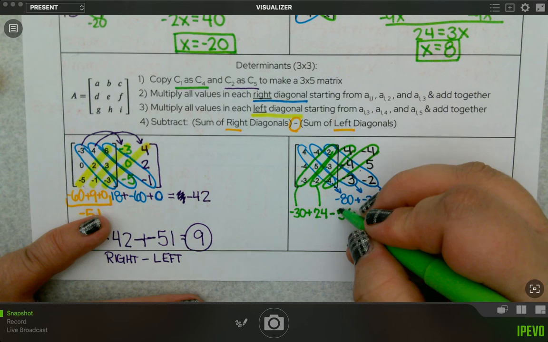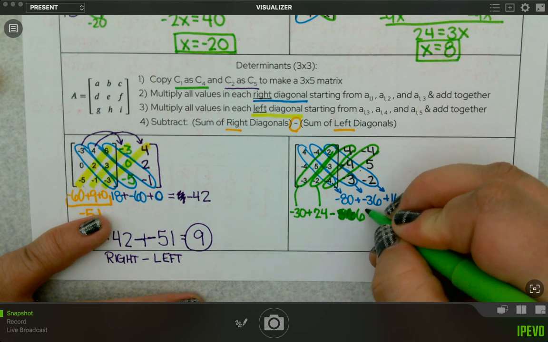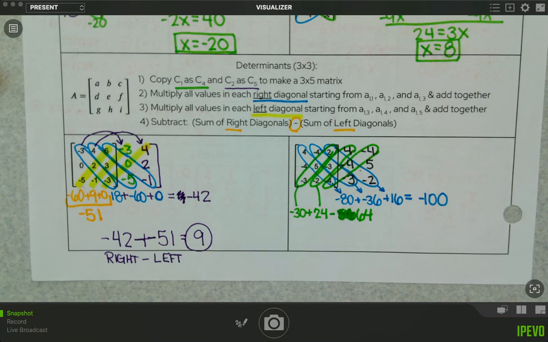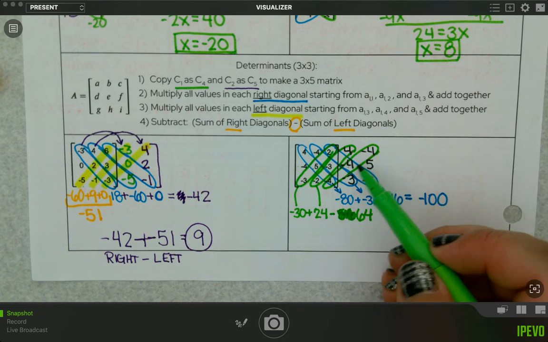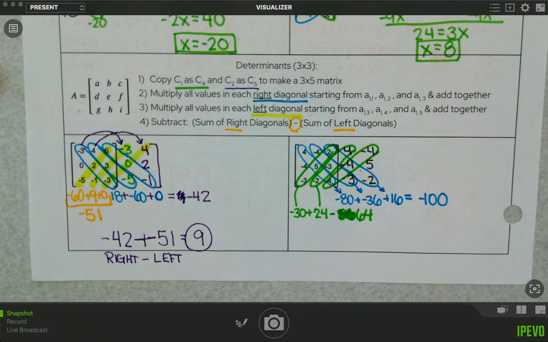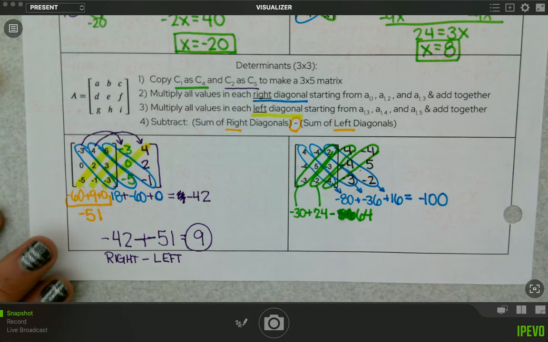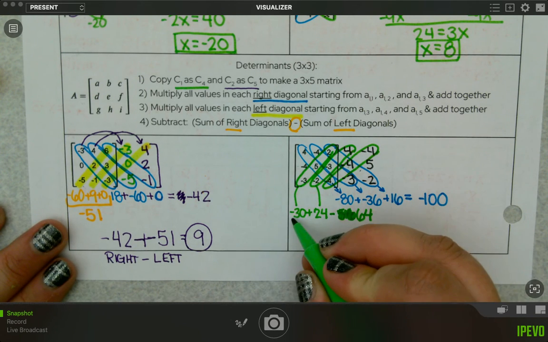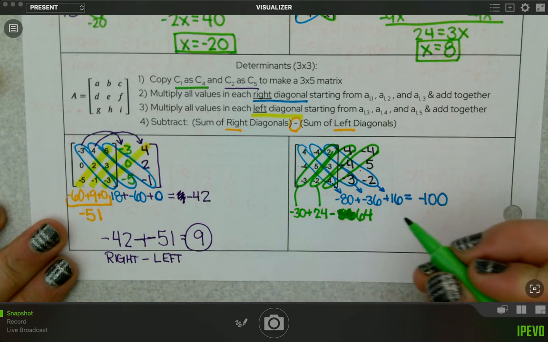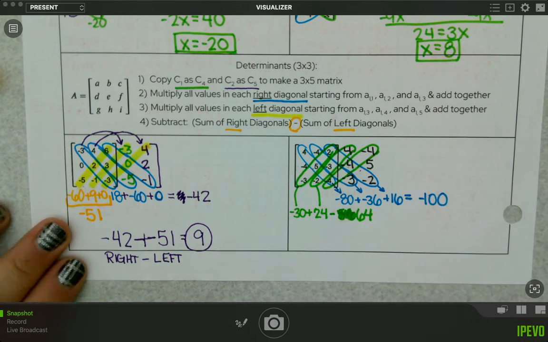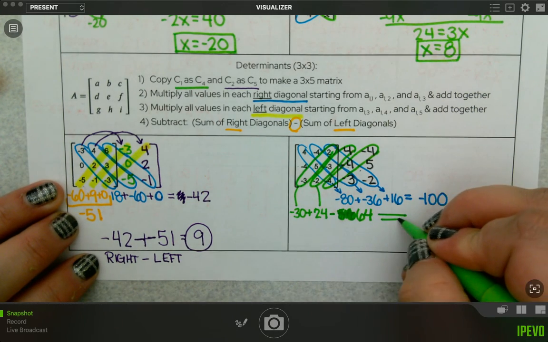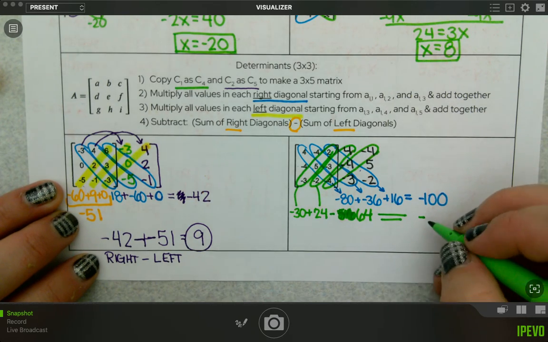Nope. Sorry, 64. I don't know where our multiplication facts are today, guys. 4 times 4 times 4 is 64. And because there's 3 negatives, it's still negative. Okay, negative 30 plus 24 is negative 6. Negative 6 minus 64 is negative 70.